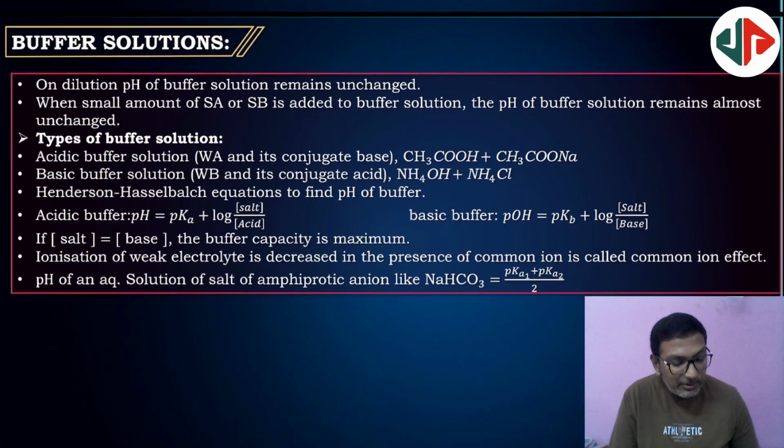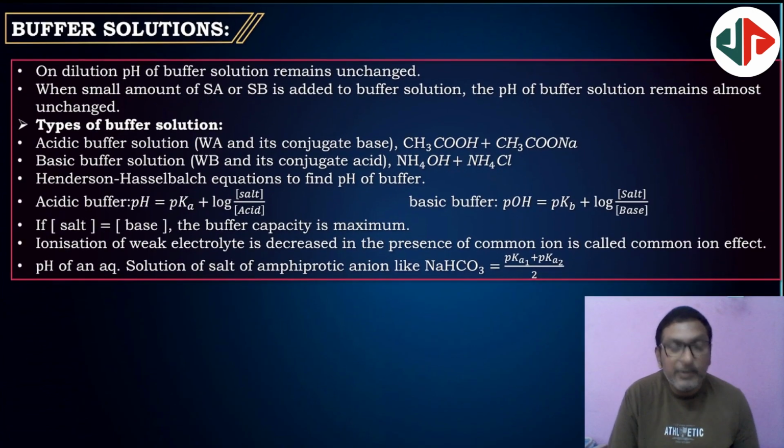Next, buffer solutions. For buffer solutions, pH remains constant, with no change in pH by the addition of a small amount of acid or base. Next, types of buffer. Acidic buffer contains weak acid and its conjugate base. Example. Basic buffer contains weak base and its conjugate acid. Example.